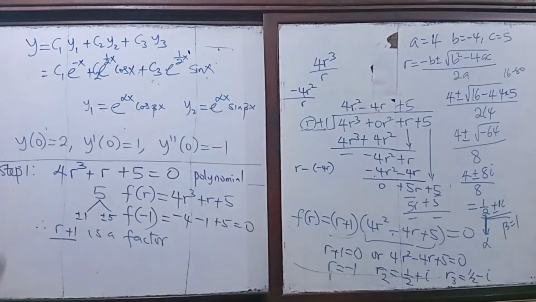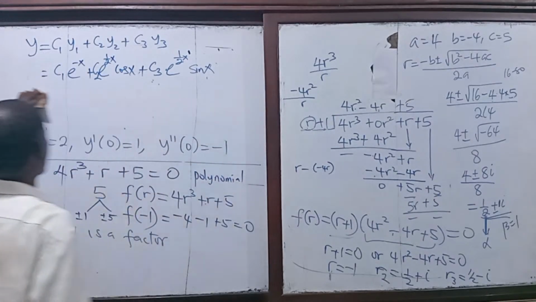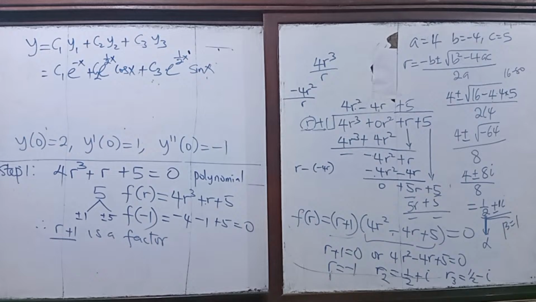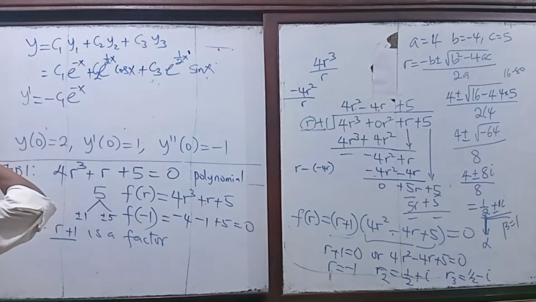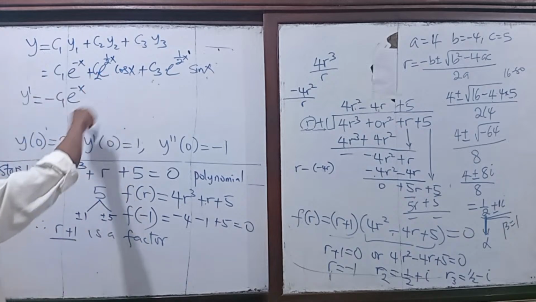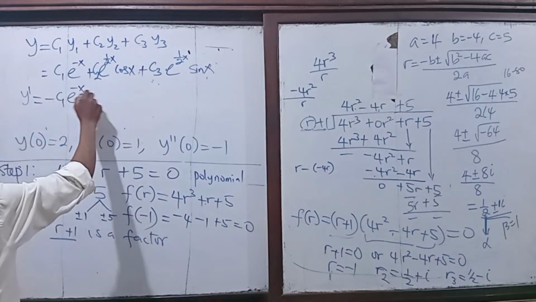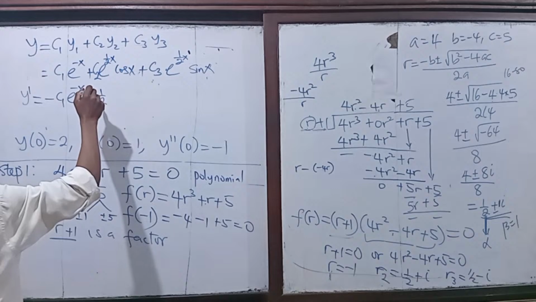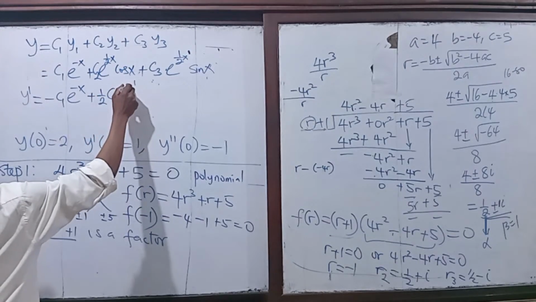Okay, so the next thing to do now is to get the first differential of the above equation. That will be minus c1 e to the power minus x. This one also we differentiate, using the product rule. That will be plus half c2 e to the power 1 over 2x, cosine x.